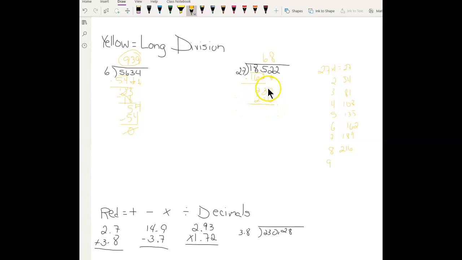So now we subtract. We have 16 left over, and we bring down a 2. And look at that, 162. We have 6 again. Minus 162. 0. Bob's your uncle, and that's your answer, 686.